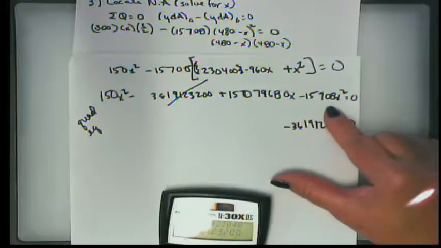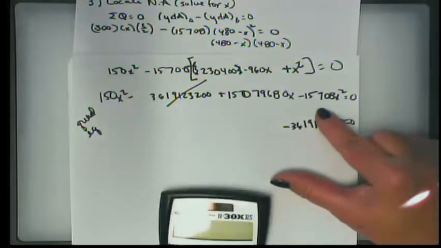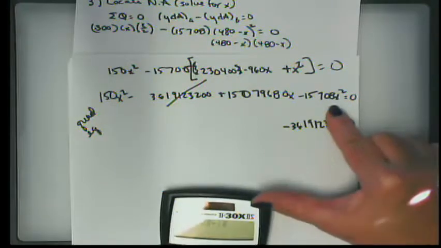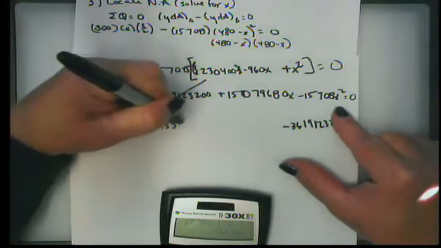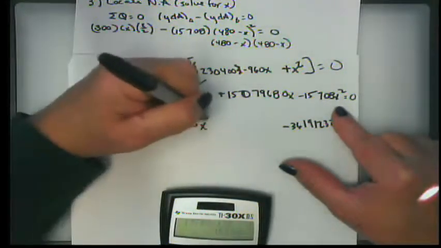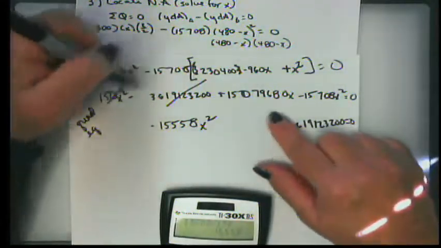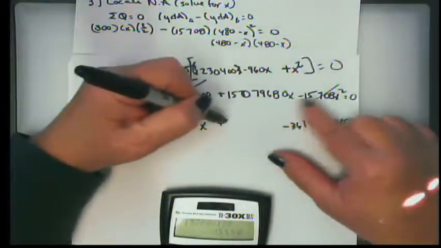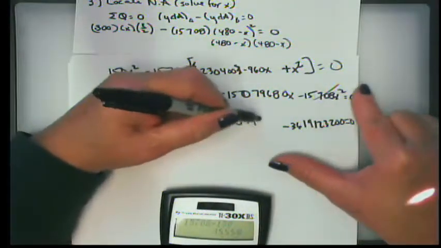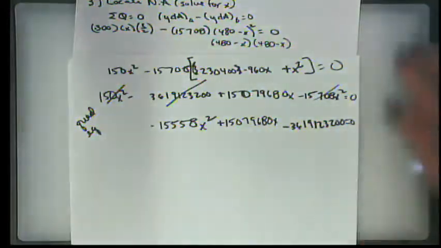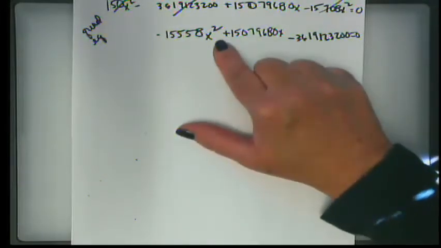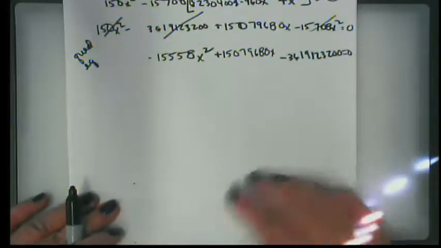That would be negative 15,708 minus 150, and that's going to be minus 15558 x squared, and then my term in the middle is plus 150,79680x. And I'm really wishing at this point that I would have converted into meters instead of millimeters, because my numbers would be quite a bit smaller.